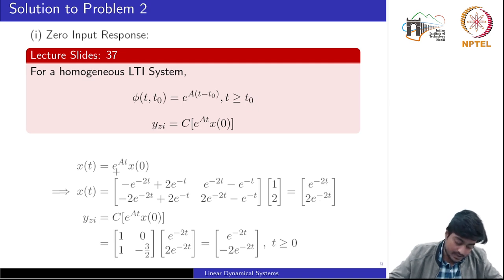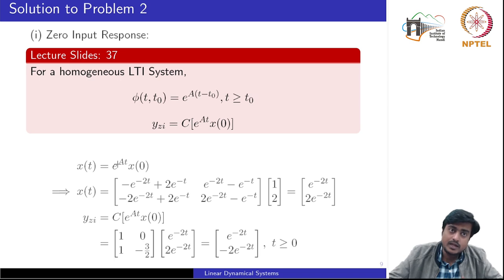Now, if you have any difficulties in computing the exponential matrix, there are a couple of ways to compute it. The first method is to use the Cayley-Hamilton theorem. The second way, since we are dealing with LTI systems, is to use Laplace transforms to compute this e to the power At.